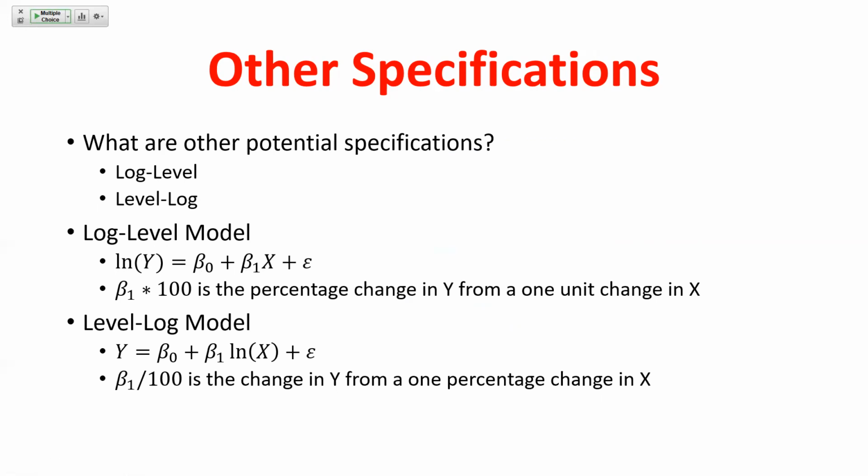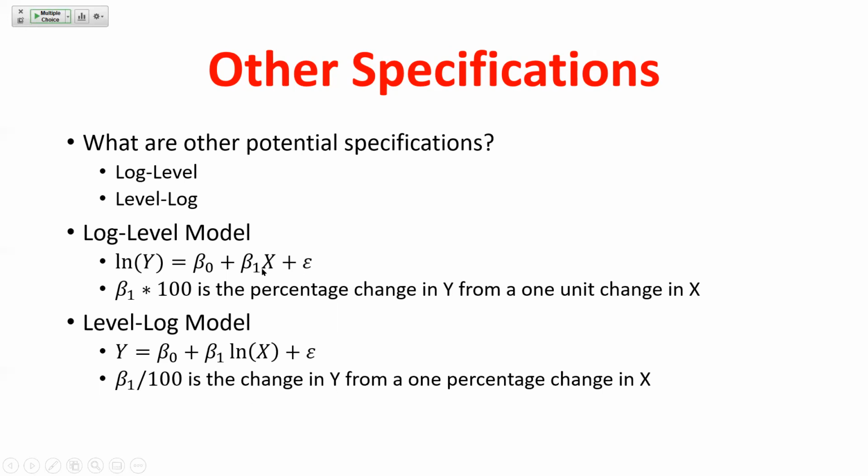So beta 1 is giving you the proportional change. It's giving you the percentage in decimal format. So if that's telling me the percentage change in decimal format, how do I get that to be a percent? Well, I multiply it by 100.